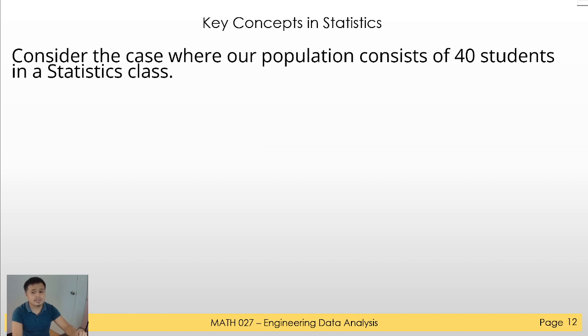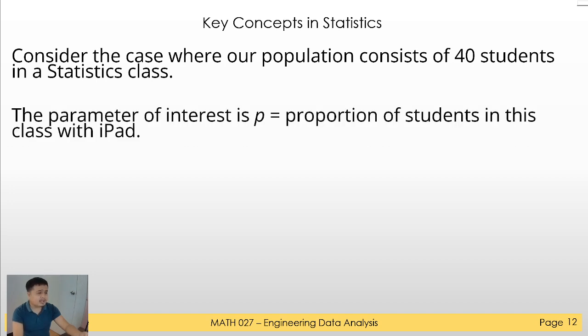Consider the case where our population consists of 40 students in a statistics class. We want to gather a parameter, for example, but it could be any measure. Let's say we want to find the proportion of students in this class with an iPad.